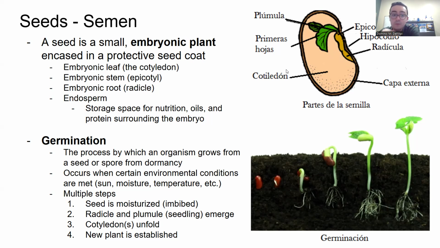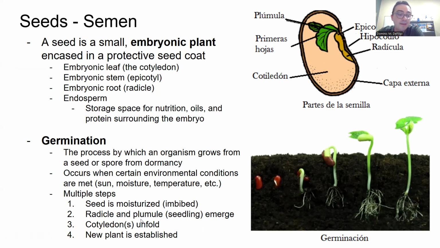When the conditions are right and the seed leaves its dormancy, you can water the seed and plant it, and it undergoes germination, the process by which an organism grows from a seed or spore from dormancy. So we see multiple steps of germination. Number one, we moisturize or imbibe the seed, and that triggers the germination to begin.